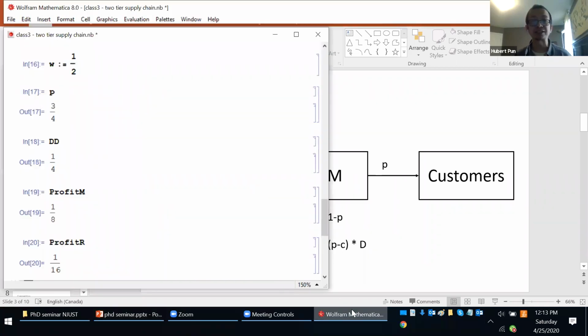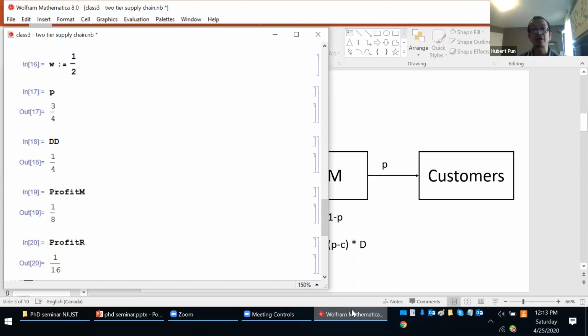Let's look at a supply chain. When there's a two-tier supply chain, what we have found is that W equals 0.5, but then the price is 0.75, 3/4. So in a single tier supply chain, the customer will look at a price that is 0.5. Now the customer would see a higher price. How high? It would be 0.75.